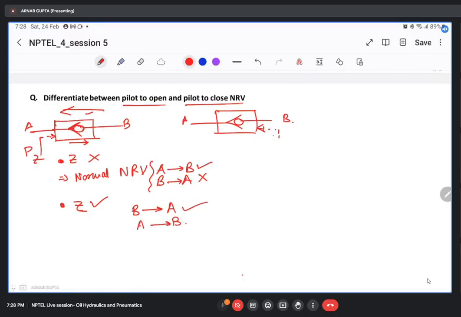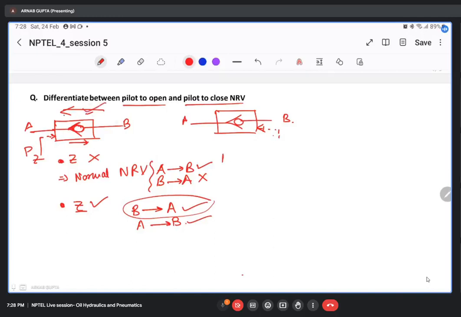But B to A will also take place if there is sufficient pressure at Z, that is the pilot line. So that's why it is called pilot to open. That is, it opens up the flow from B to A.